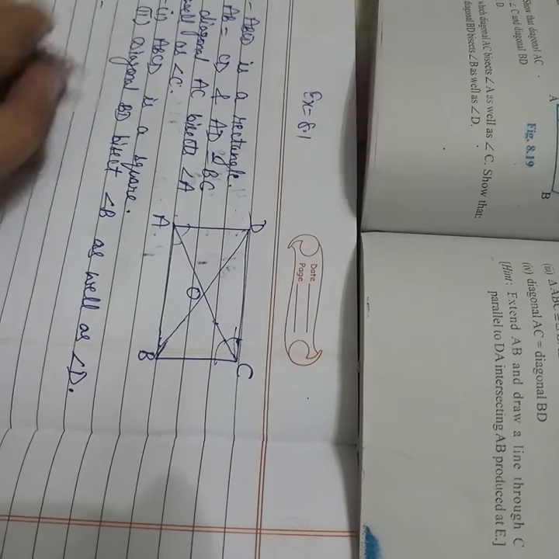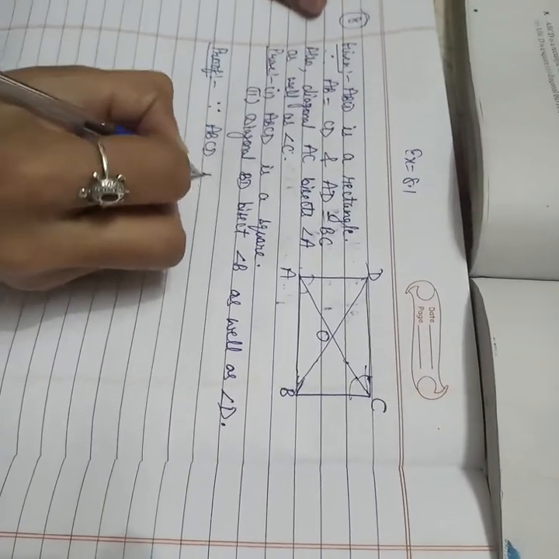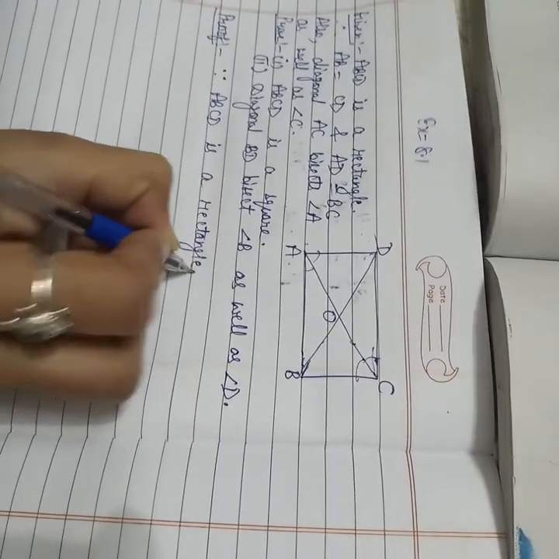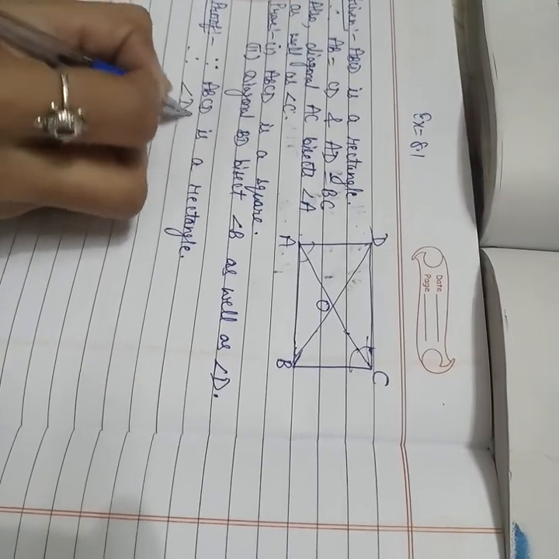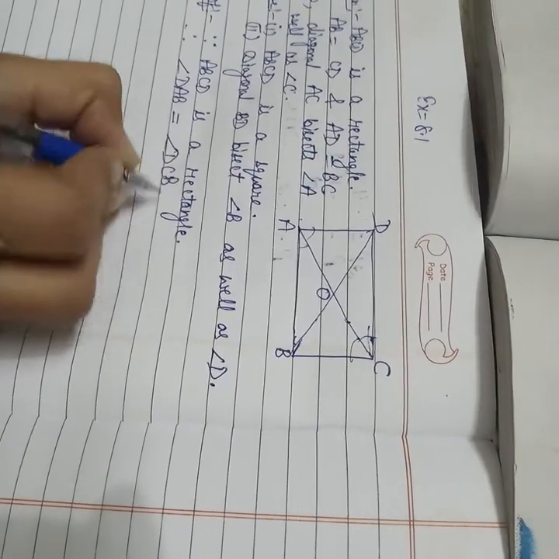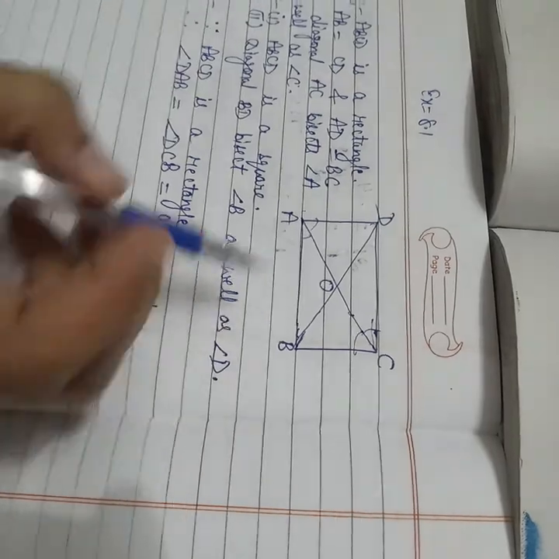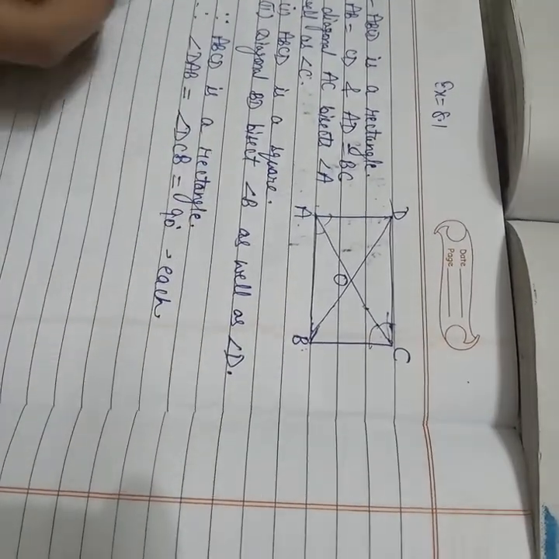Now we know that because ABCD is a rectangle, therefore angle DAB equals angle DCB equals 90 degrees each.